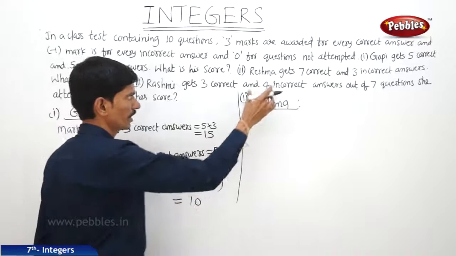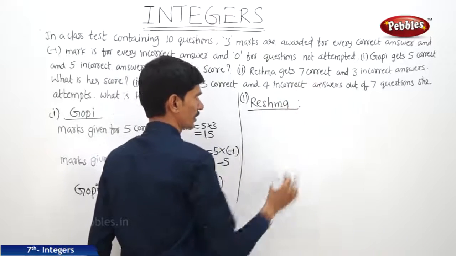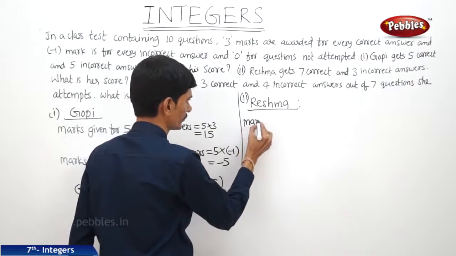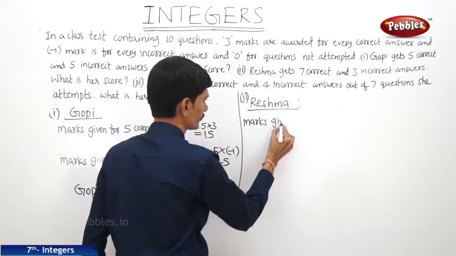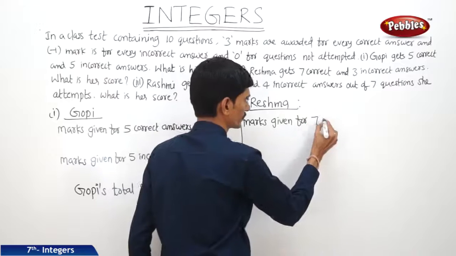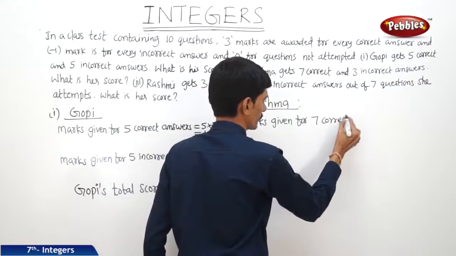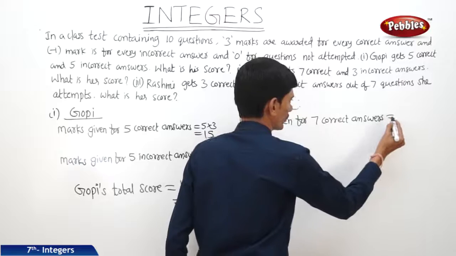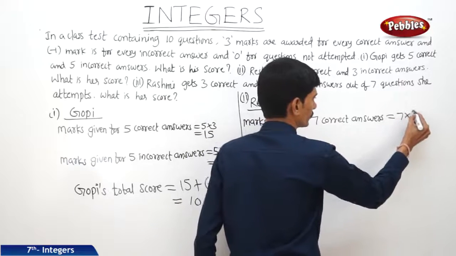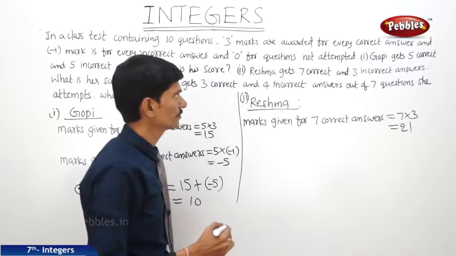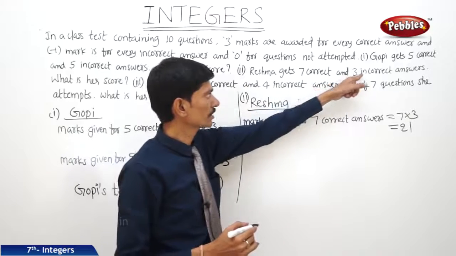Now Reshma attempts 7 correct and 3 incorrect answers. So first let us find the marks given for 7 correct answers. Equals 7 into 3, that equals 21. And she attempts 3 incorrect answers.